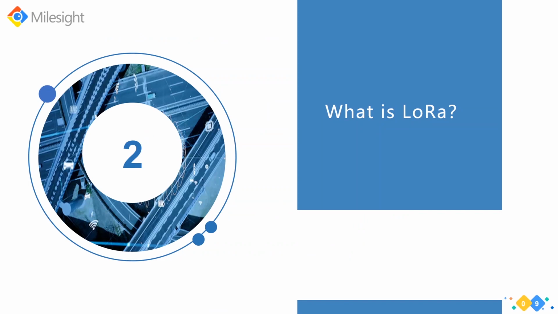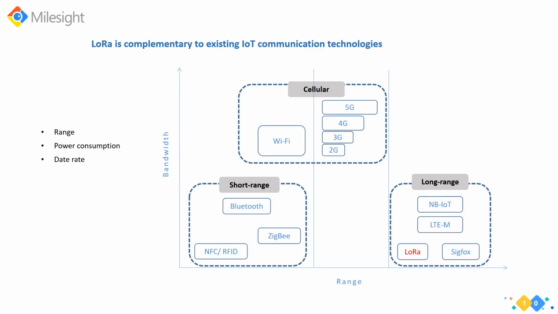And what is LoRa? Well, I think LoRa is really complementary to our existing IoT communication technologies. It's long range, but obviously at the cost of bandwidth. So LoRa is designed for IoT use cases which require very little bandwidth and very small data.